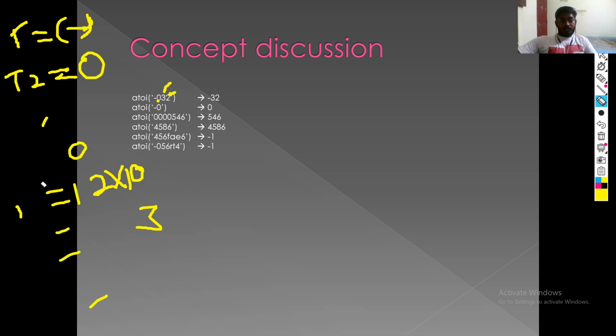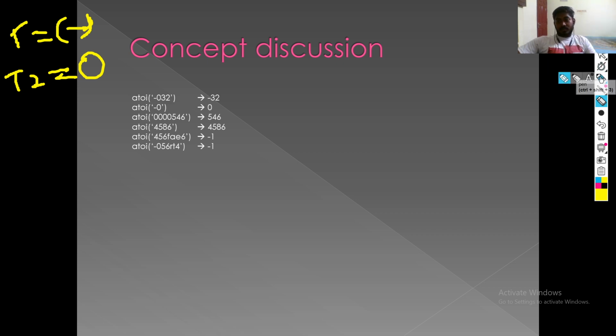But we should not use any inbuilt function, right? Now we are going to find whether this 3 is an integer or not, because as per the question it is a string. For that purpose, we use ASCII codes.